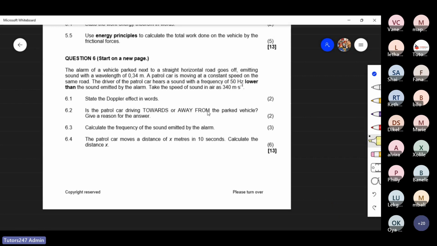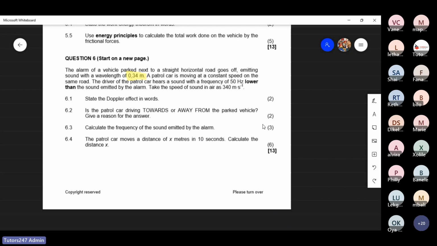Something important to take note of: the SI unit of wavelength is always meters. If it is given in something that is not meters, please convert it to meters. If you are given anything else, always convert to meters. Okay, that is in response to wavelength.